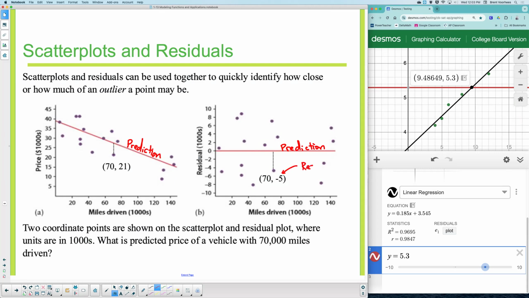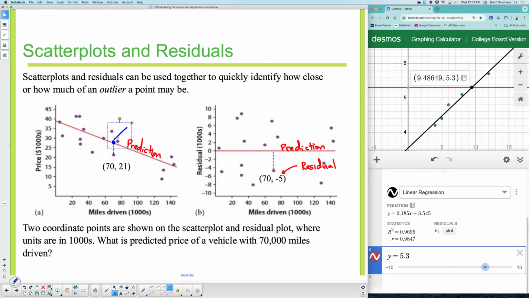What that means is it's 5 different than the prediction. So if the real value was 21 and it's 5 underneath, what was the predicted amount right here? What would the predicted amount be right here on the line?